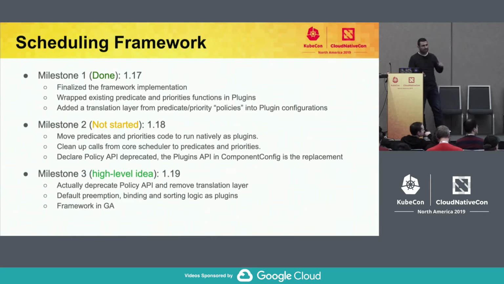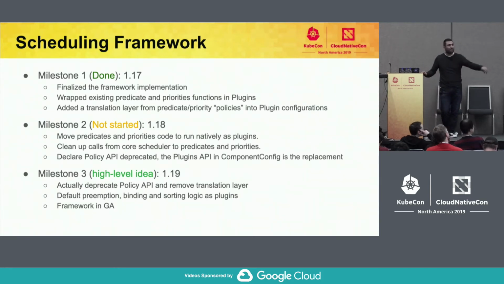And so we added this translation layer that translates the legacy policy file definition of predicates and priorities into what we have now as plugins. Those plugins that wrap the predicates and priorities don't actually have a substantial amount of code in them. The only thing they do is call back into the older predicate and priority functions.